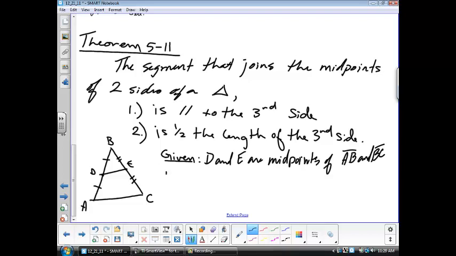What we want to prove then is two things. Number one, DE is parallel to AC. Number two, DE is 1/2 the length of AC.